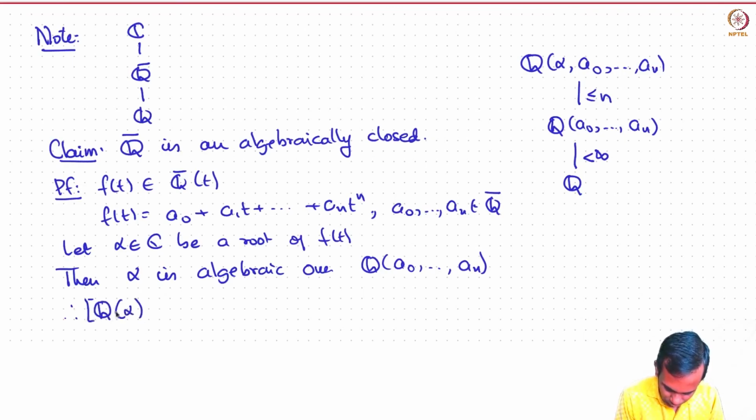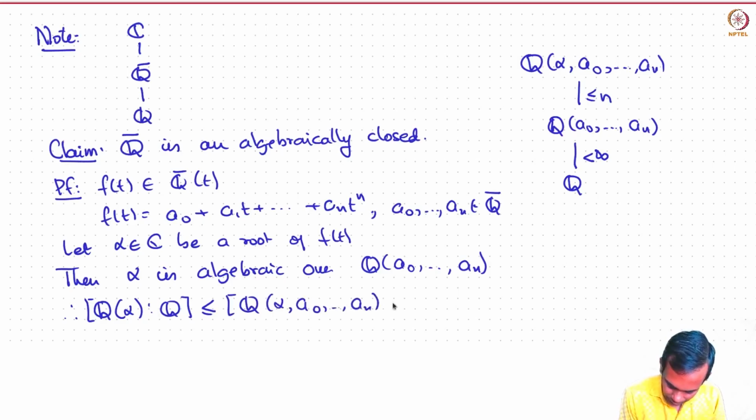And so [Q(alpha):Q] is less than or equal to, as we did before, [Q(alpha, a0, ..., an):Q]. And so this, as we argued before, is finite. And hence alpha belongs to Q bar.